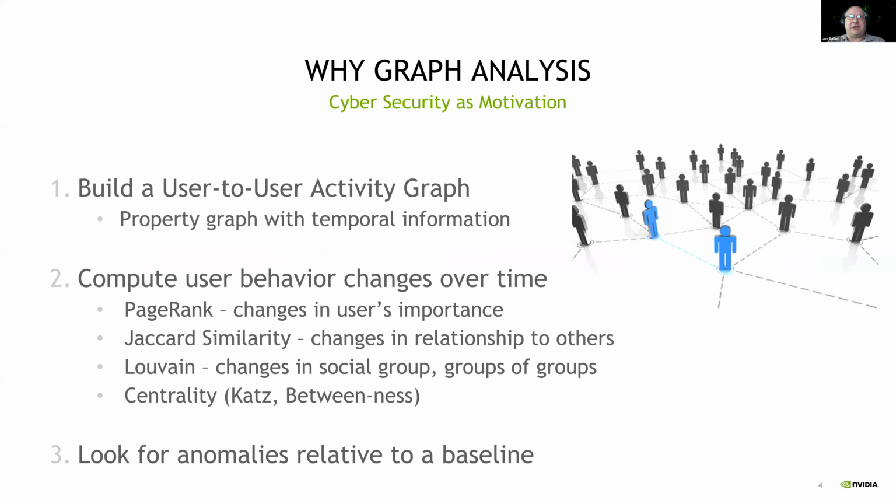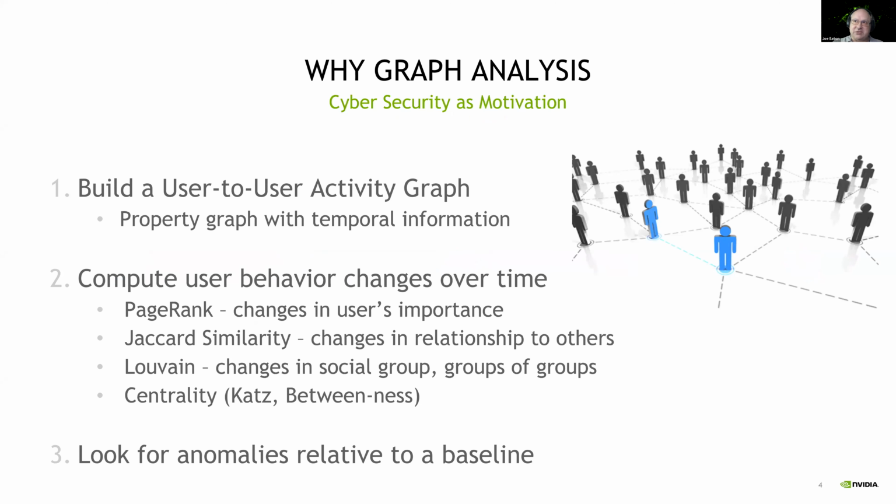Okay, off we go. I'm going to use cybersecurity as my motivating example. A lot of people have heard about the recent SolarWinds hack. Cybersecurity is not a concern that's going to go away. If anything, it's going to get more important over time. One way to imagine this is building a property graph with temporal information, either modeling network flows or user connectivity.